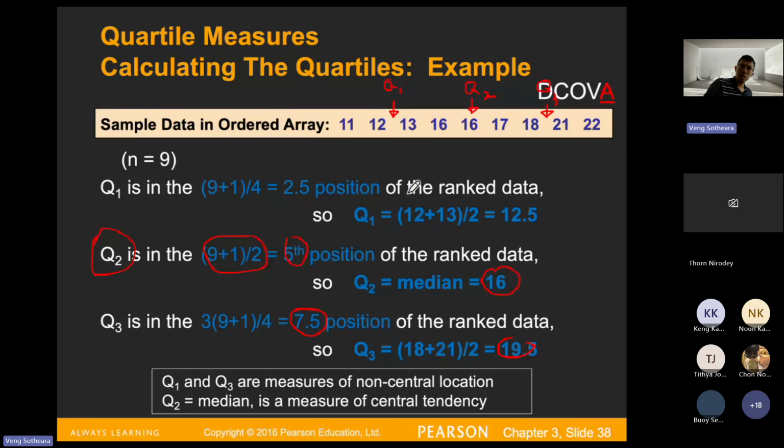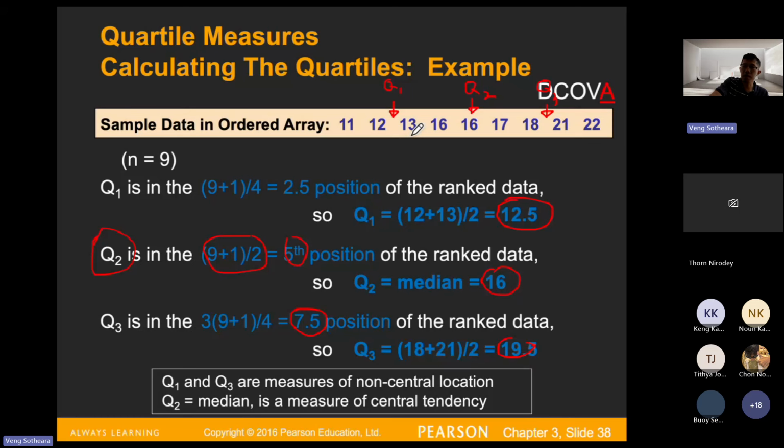Now, can you say something about Q1? Q1 is 12.5 years old. Make some reasoning. What would you say about Q1, just in terms of the way Q are constructed?